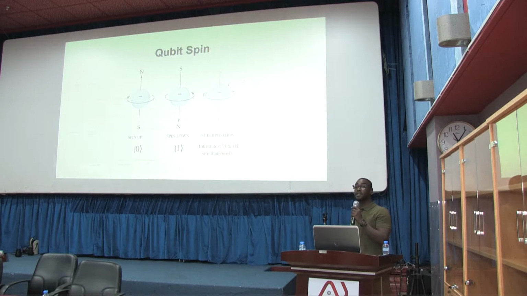It can represent a 0 or a 1. This here represents how an electron spins, either down or up, as you can see. That's a vector representing the 0 value and a vector representing the 1 value.